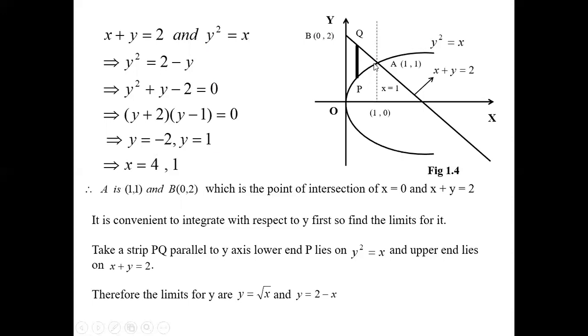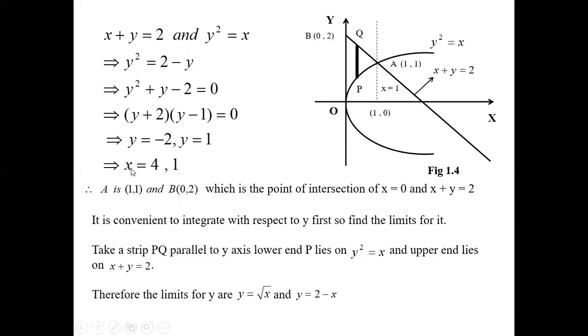So at this point y is equal to 1. When y is equal to 1, x is also equal to 1 at this point.